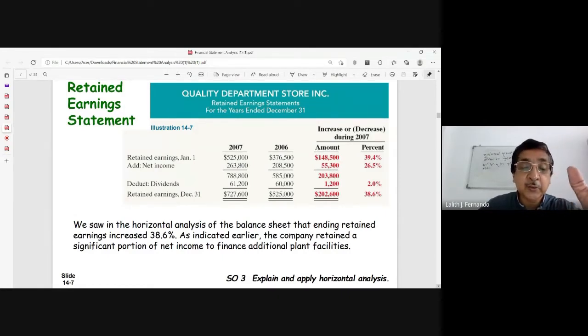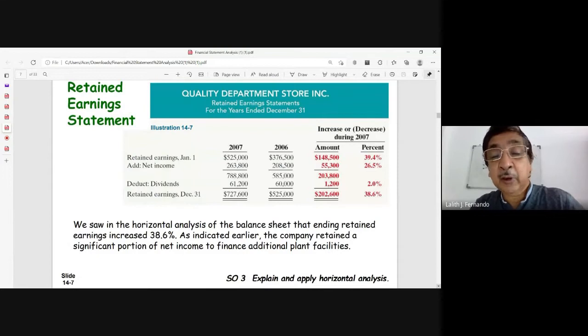It really solidifies their accounts by adding such an amount of retained earnings. 38.6 means it's very close to 40%. That's a very good indication about the growth of the organization, and their risk appetite will go up. With that, they would be in a position to do more business and assume a higher level of risk appetite.